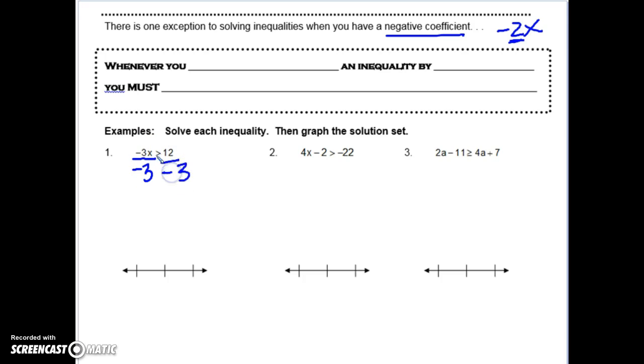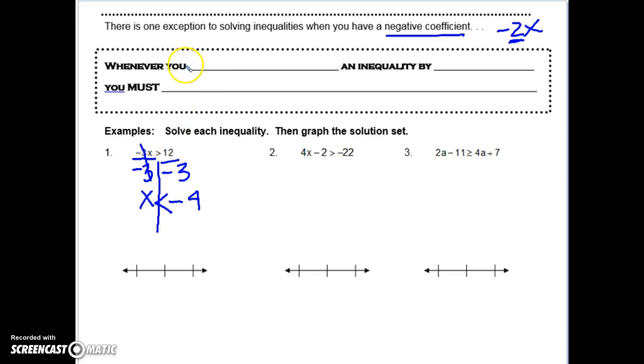So that step right there of dividing both sides of this inequality by a negative makes a huge difference. So if that goes away, my answer is -4. Since I divided by a negative number, I'm going to flip that sign around. So instead of greater than, it's actually going to turn into less than.